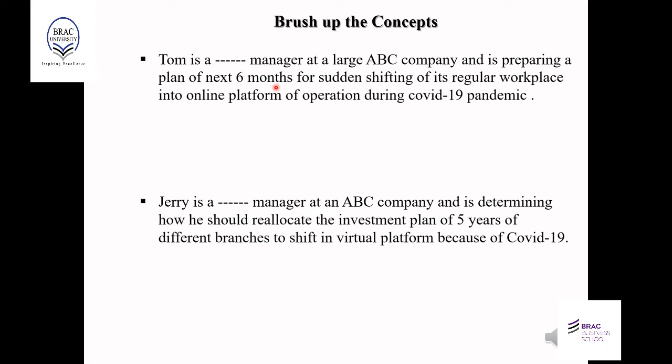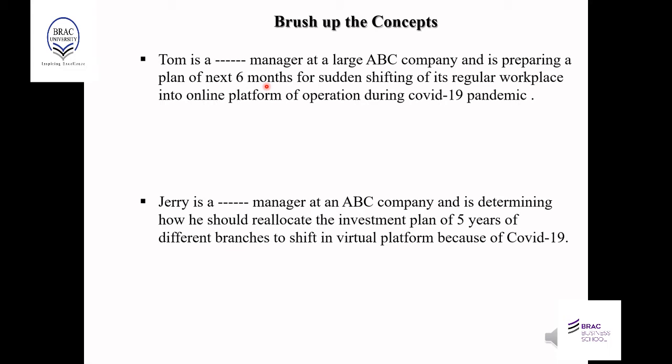Now he is preparing the plan for next 6 months. If we consider this time period, then we can find out what level of manager he is. Because if we recall the pattern of responsibilities for 3 different levels of managers, the top level managers are responsible to prepare the plan for 5 or more than 5 years.